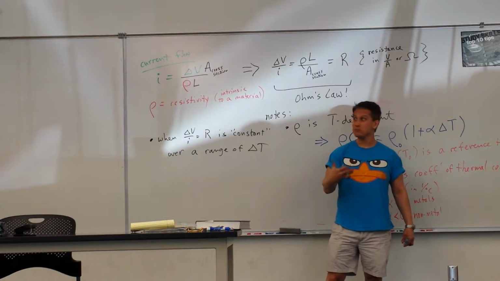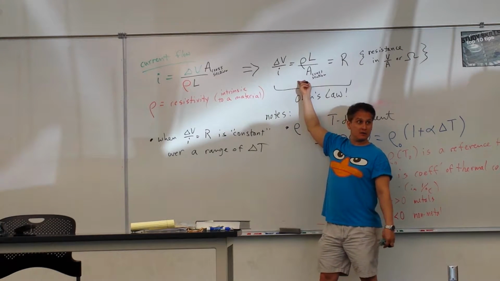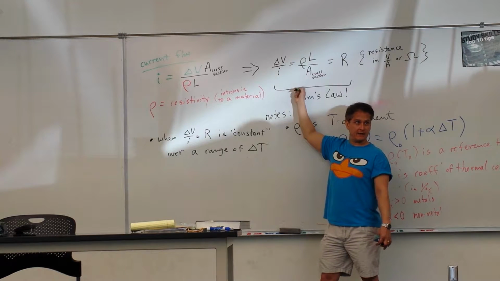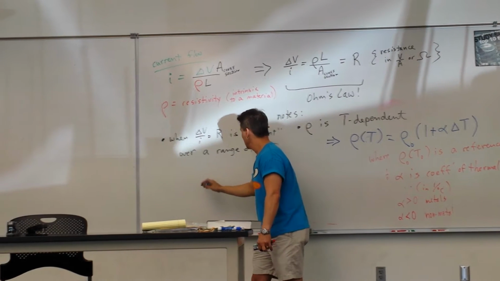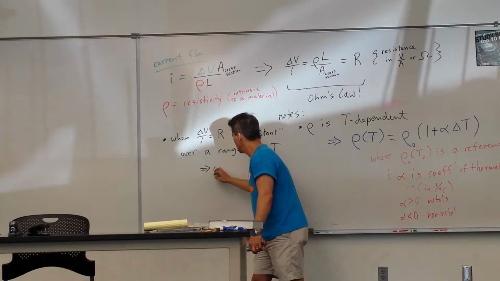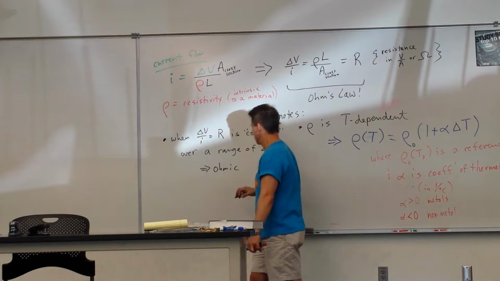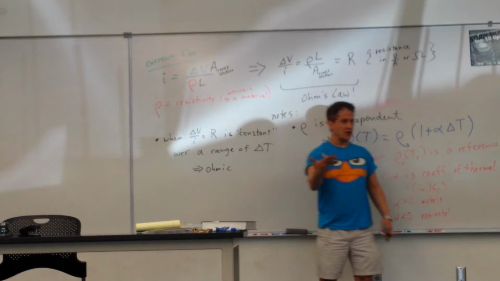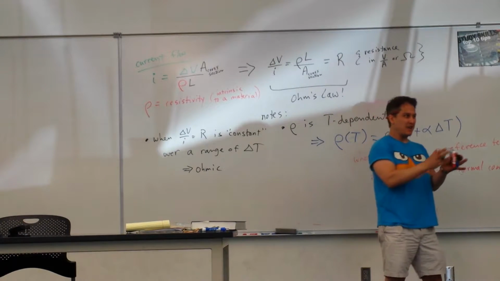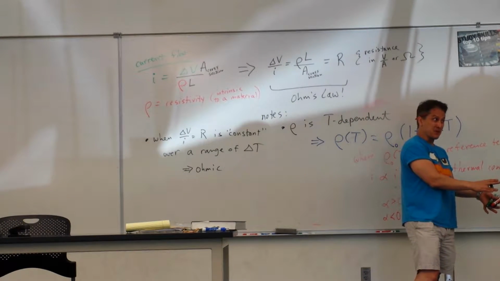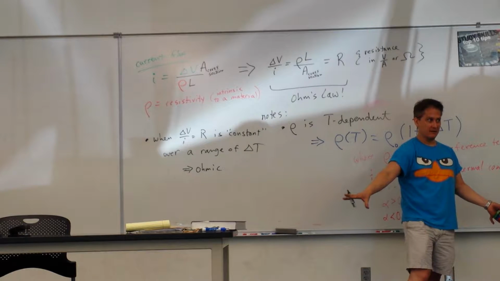So when we say it's Ohm's law, this is a linear ratio where V over I is constant. That's an ohmic material. So half of electrical circuitry is combining ohmic materials with those materials that are not ohmic.